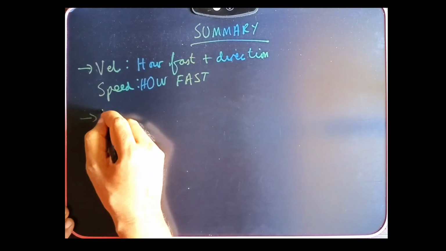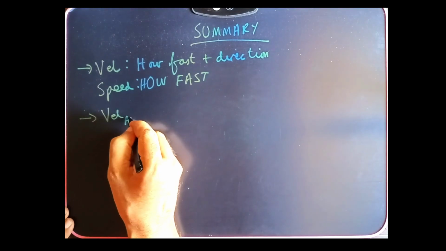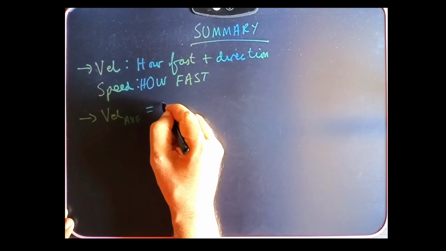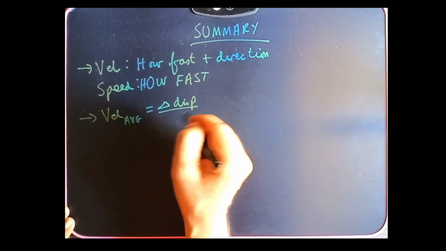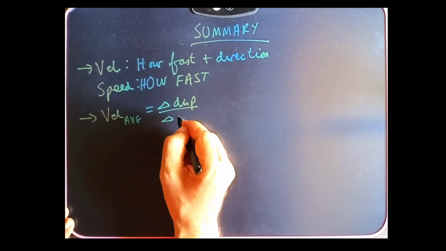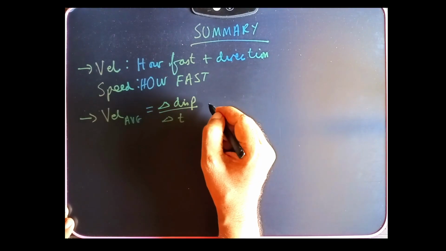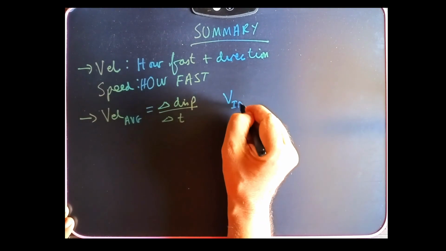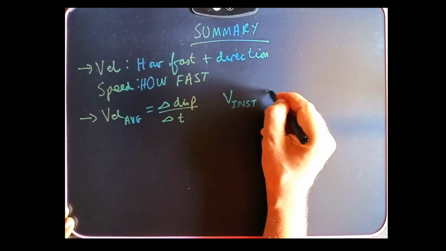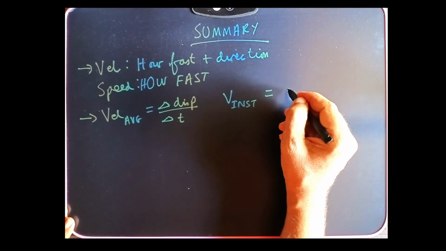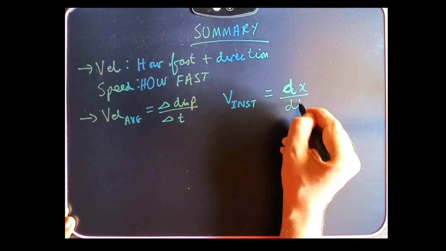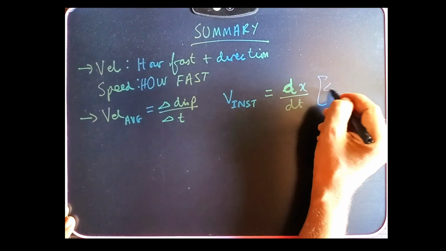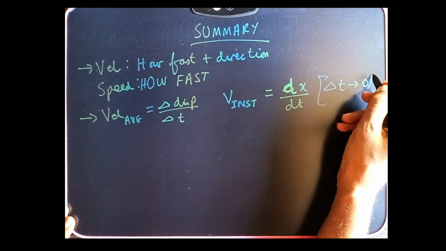Then we have seen the formula for average velocity, which is given by change in displacement, that means the change in position, divided by change in time. And instantaneous velocity is given by a very small change in displacement, which is given as dx, divided by a very small change in time. This means that delta t tends to 0.